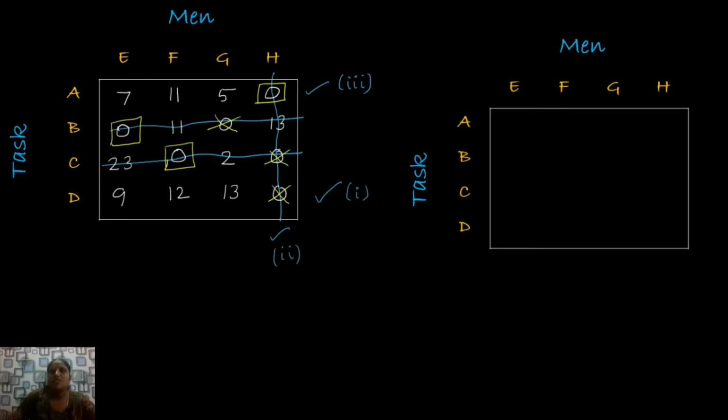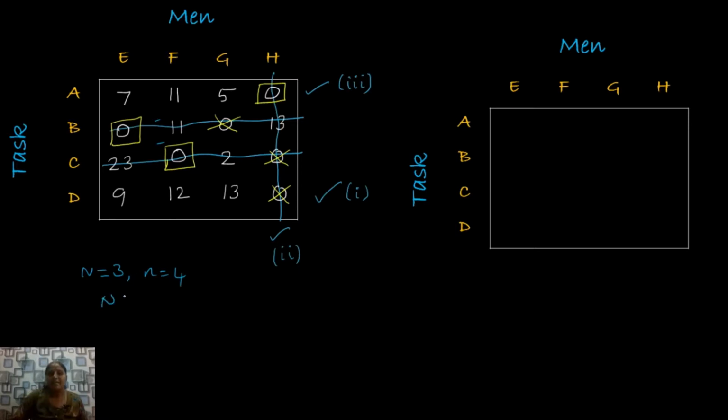So this gives you the minimum number of straight lines covering all the zeros. Here, capital N represents the number of straight lines. Here the number of straight lines is 1, 2, 3, so totally we have 3 straight lines. And small n is nothing but the order of the matrix. Since it has 4 rows and 4 columns, the order of the matrix is 4.